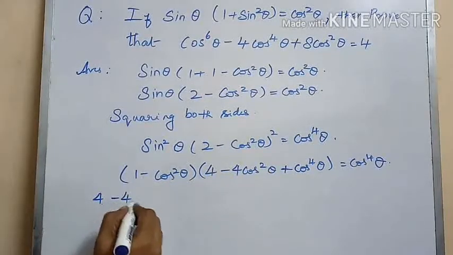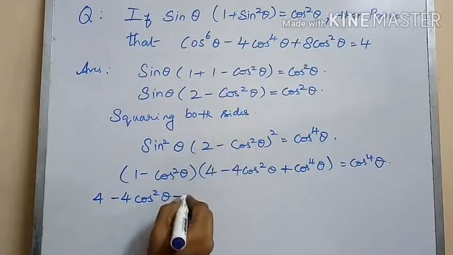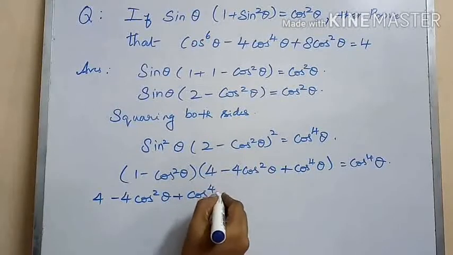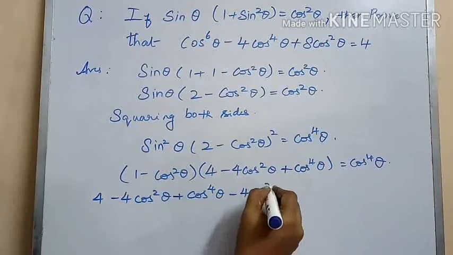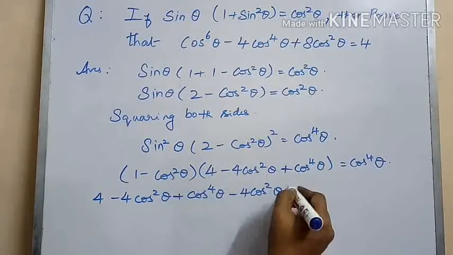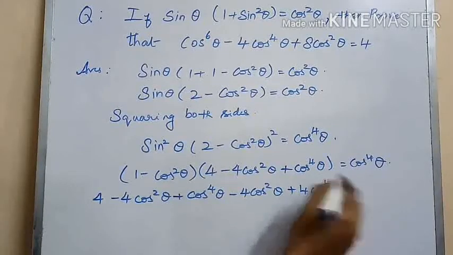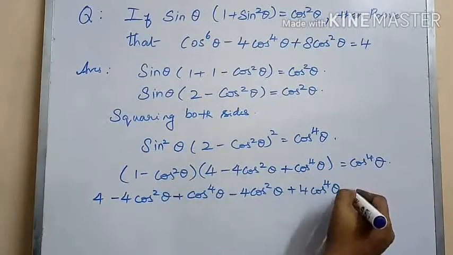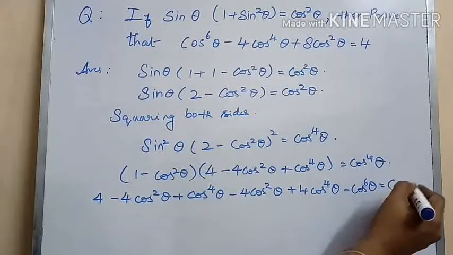Now let us multiply. We get 4 minus 4 cos squared theta plus cos to the power of 4 theta minus 4 cos squared theta plus 4 cos to the power of 4 theta minus cos to the power of 6 theta is equal to cos power 4 theta.